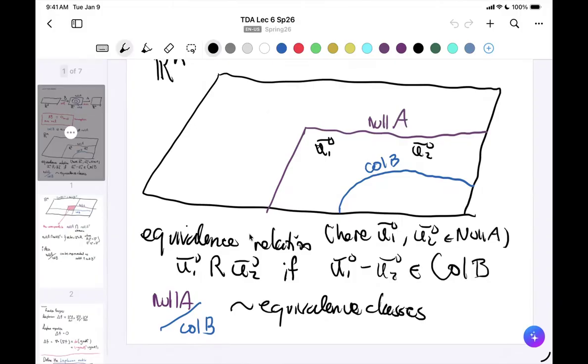What we were focusing on last time is that the equivalence classes are usually called the quotient of two vector spaces. But there's a more concrete, less abstract way to work with this.